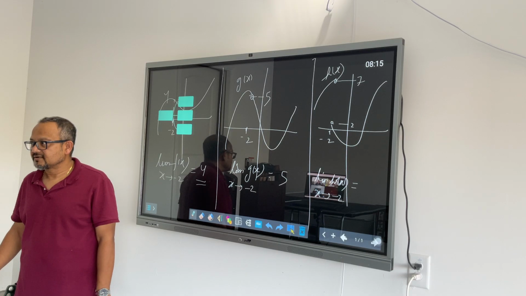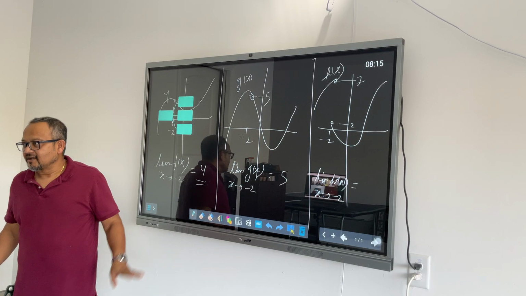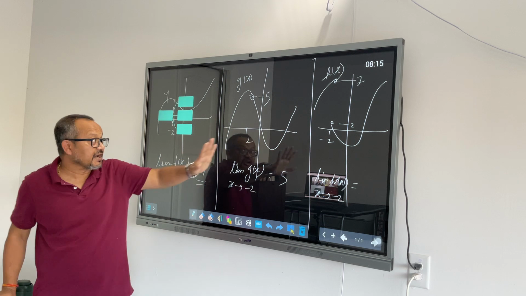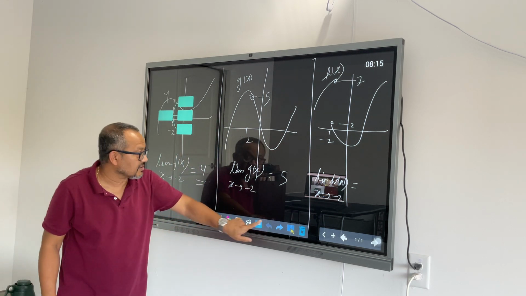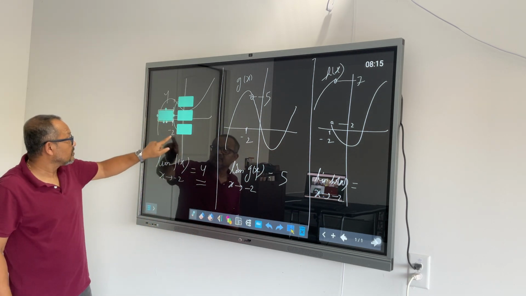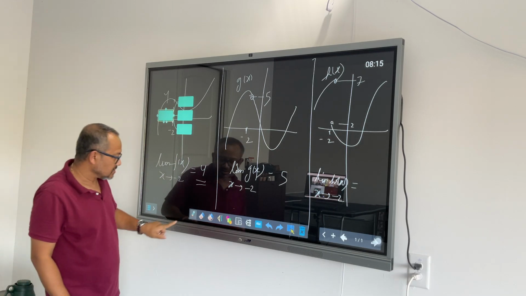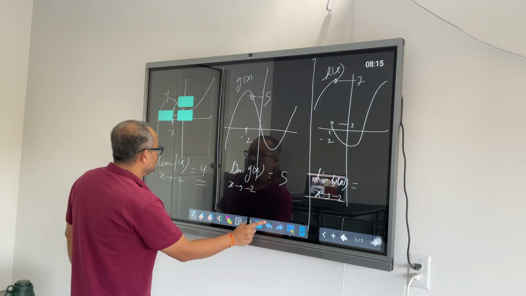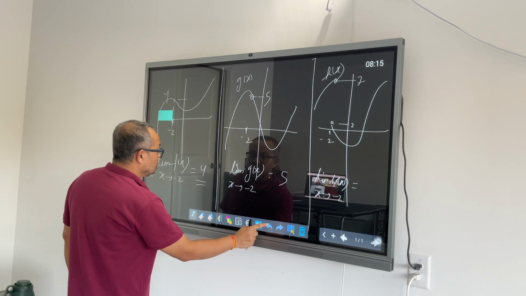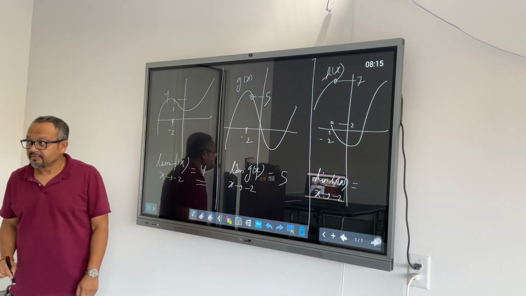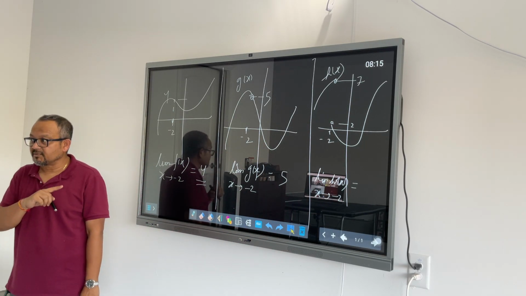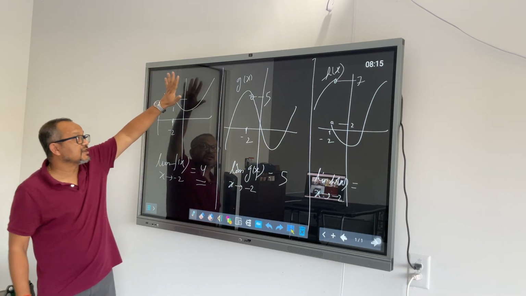Are these pictures relatable right now or not? That's my first question to you all. Where did this come from? Is this relatable? So this is a function that is continuous.